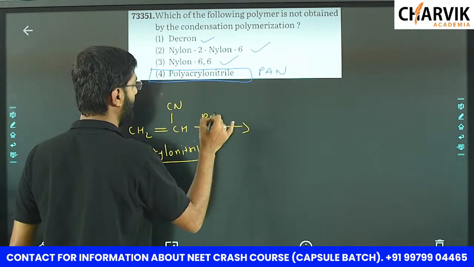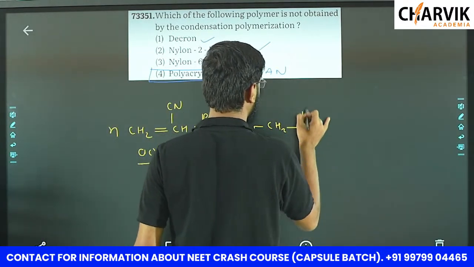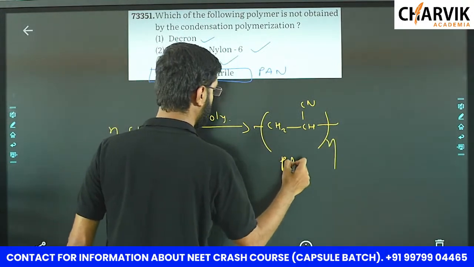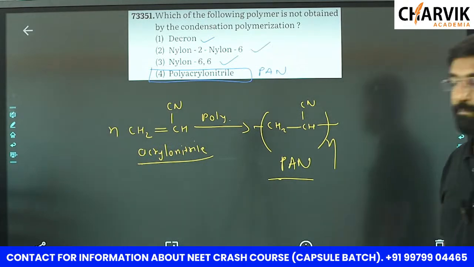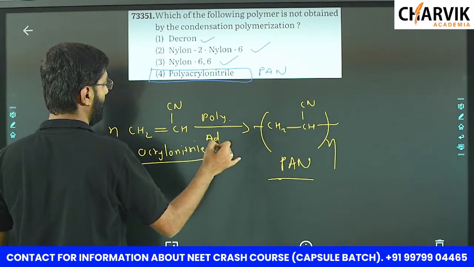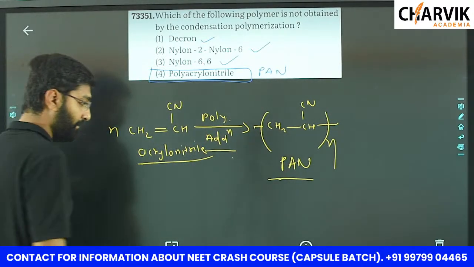By polymerization reaction, you will get (CH2-CHCN)n, this is polyacrylonitrile. So this is not a condensation polymer. Polyacrylonitrile is addition polymer.